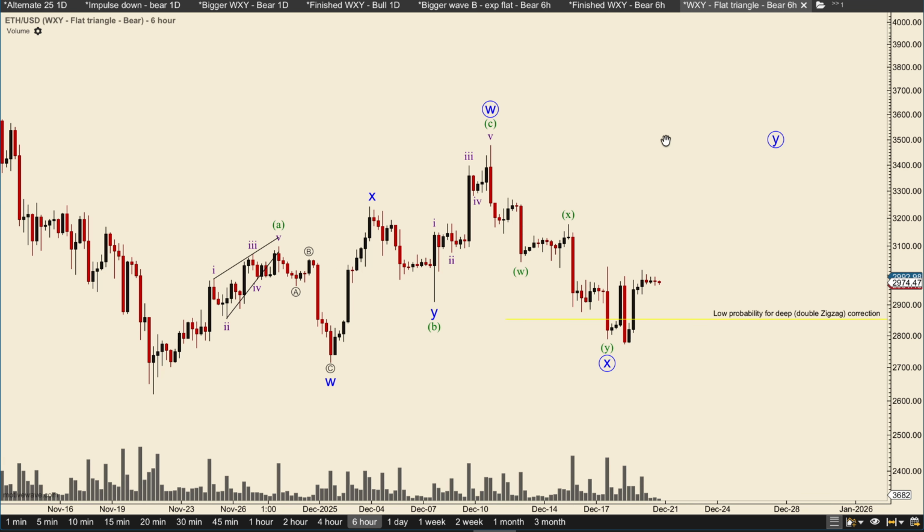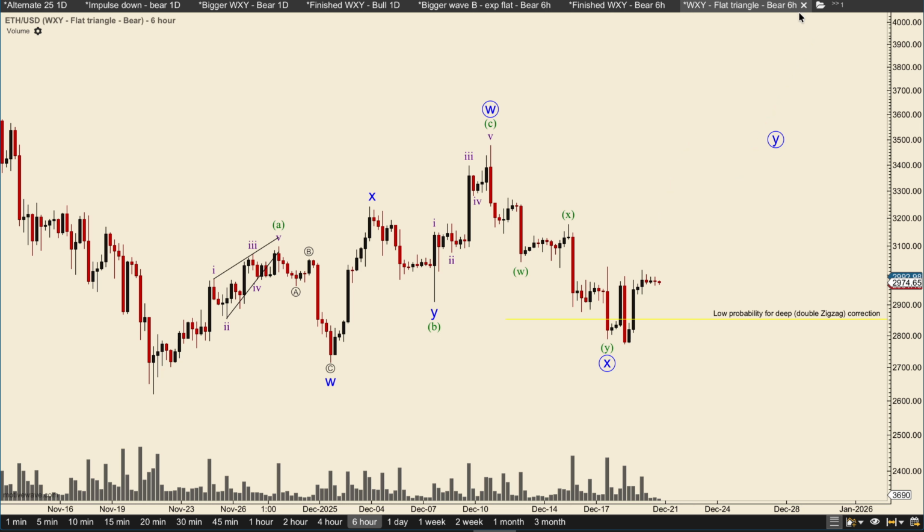And if this doesn't have the highest probability, then it means that we are not finished yet. So then we need to move on to this. So here we are looking at a wave A, W, X, Y to a wave B, C, and a W. And now we are looking for an ending of the wave X. And we hit this. So that's a low probability for a deep double zigzag, meaning that it is not the highest probability of moving up in a very steep zigzag.